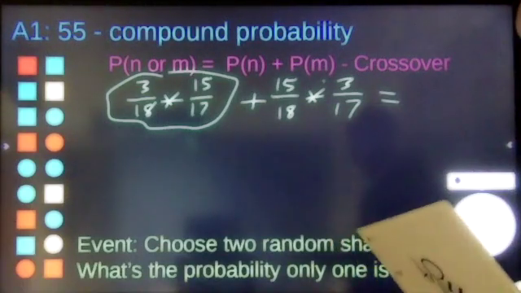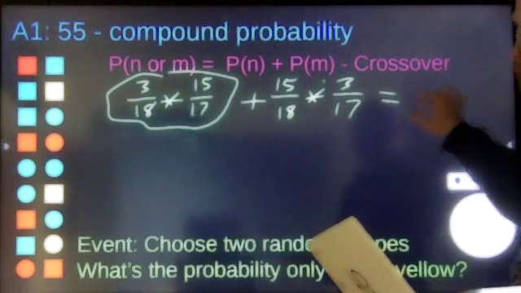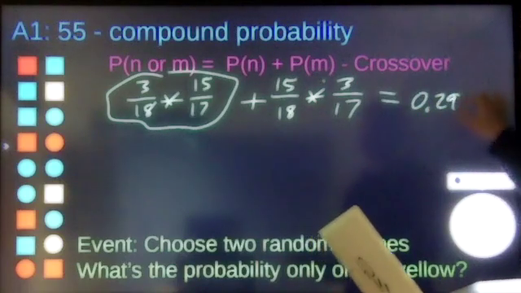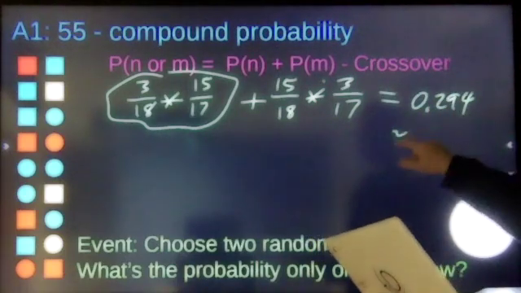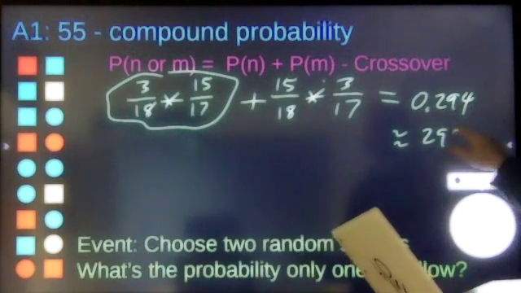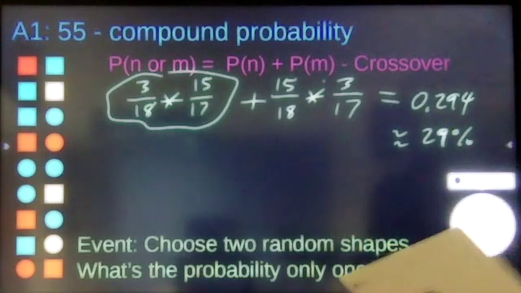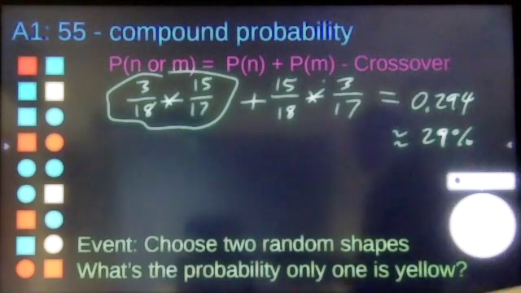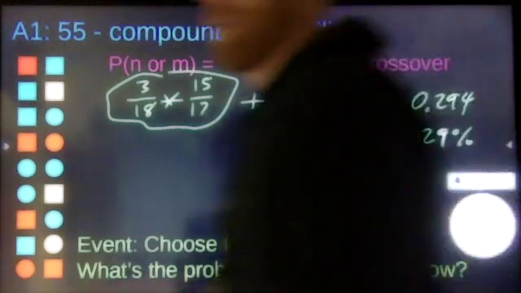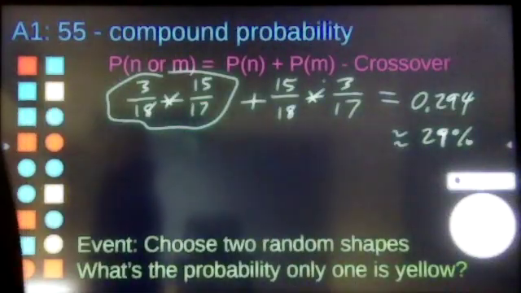And we're getting 0.294, or approximately 29% chance. All right. So still pretty low. It's not as good as a 50-50 chance, but better than the probability of getting both of them to be yellow.